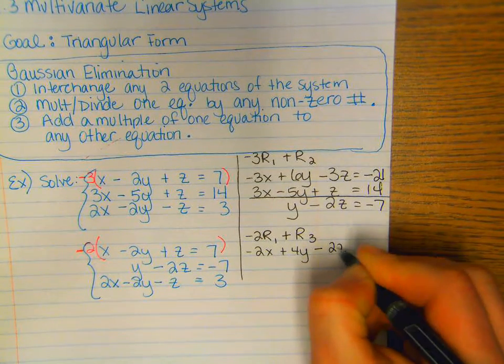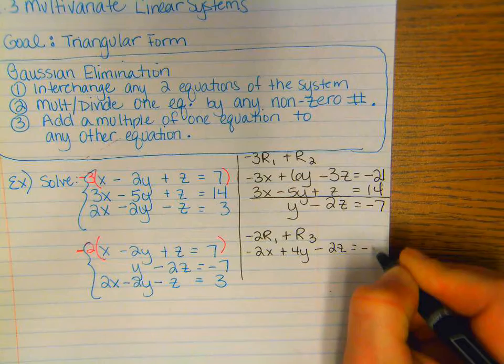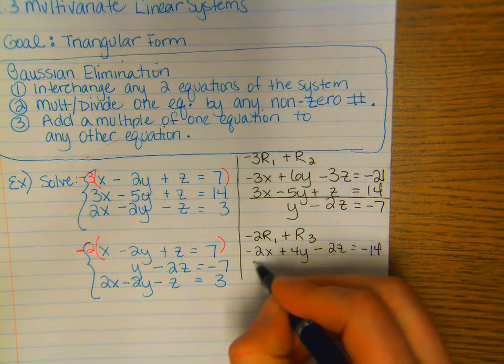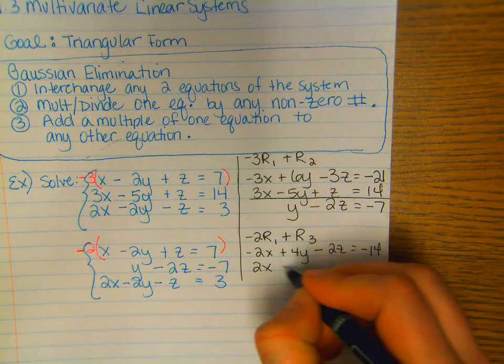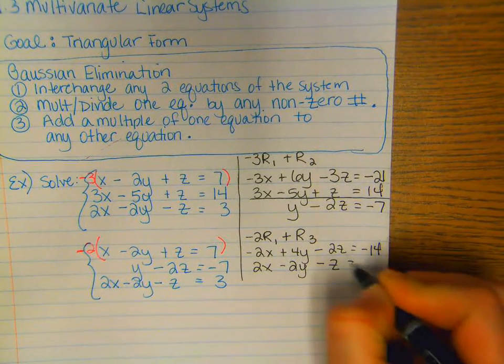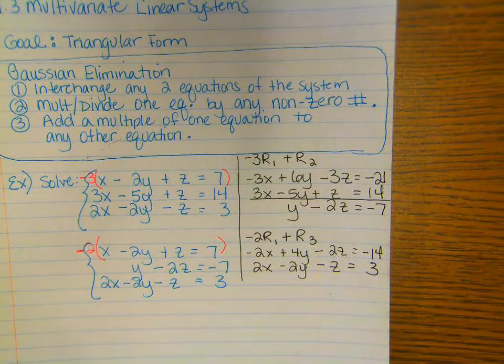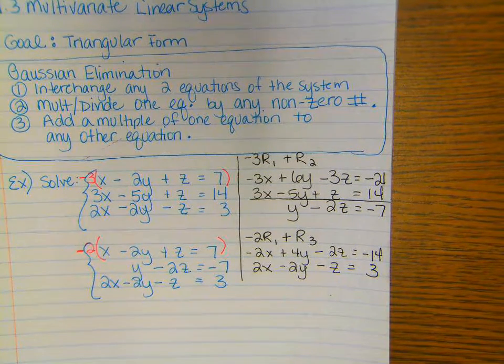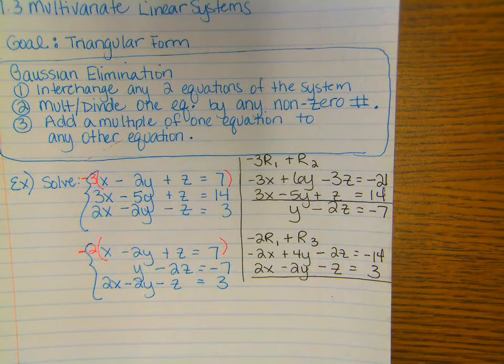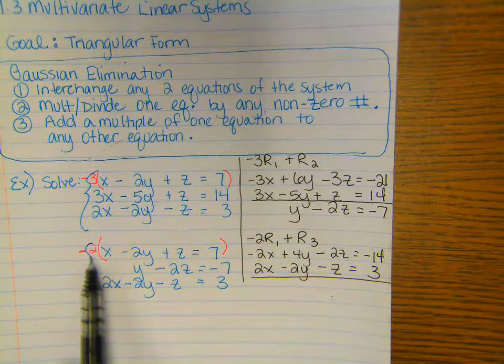It didn't change row 3 at all. 2x minus 2y minus z equals 3. Yes, ma'am. Negative 2x, negative times negative, I did make that positive, and then negative times positive.